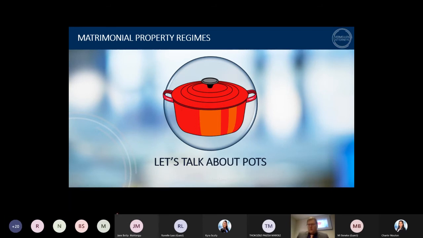So why do we use the example of pots? Well, quite simple. It is a very, very convenient allegorical manner to understand this for ourselves, but also to explain this to clients. Clients do sometimes find it quite difficult to understand matrimonial property regimes, and this is a very, very easy way of simplifying the information for them.